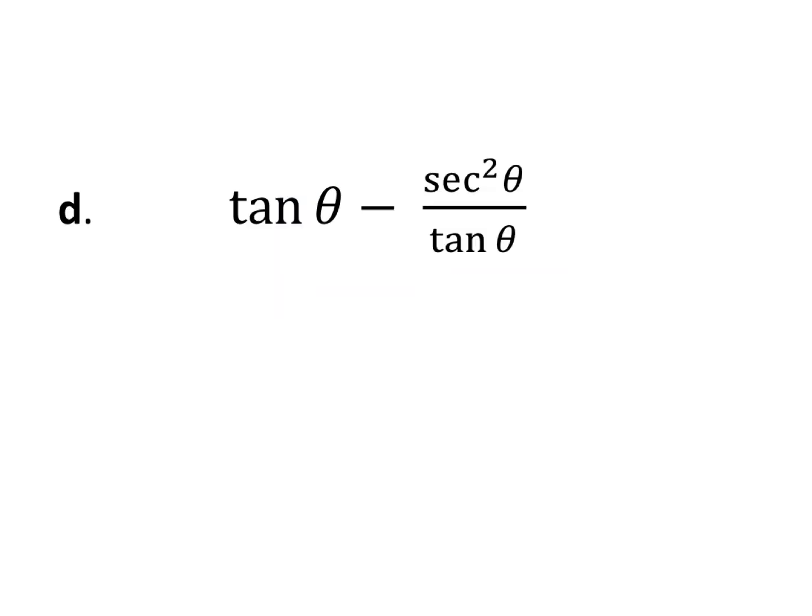What can I do first for this one? Change secant to 1 over cosine squared. I can do that. So 1 over cosine squared. I can make tangent sine over cosine. So here I have cosine over sine. Does anything cancel?